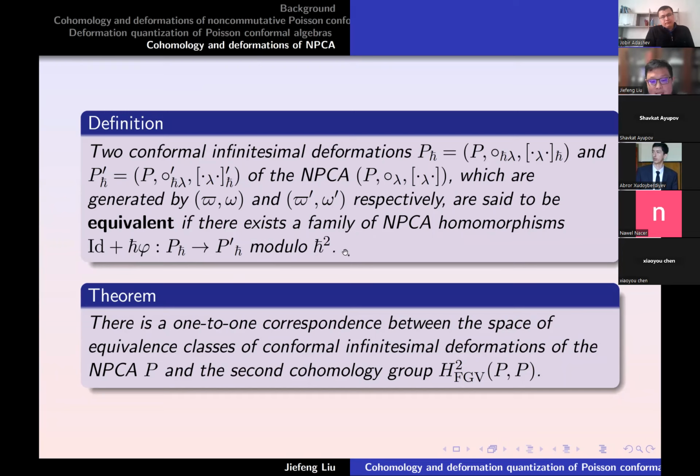Then we can obtain the following theorem. There is a one-to-one correspondence between the space of equivalence classes of conformal infinitesimal deformations of the NPCA P and the second cohomology group.